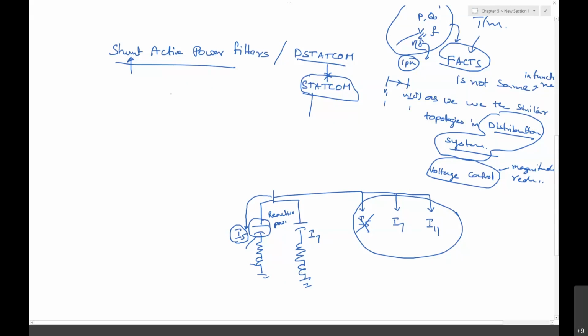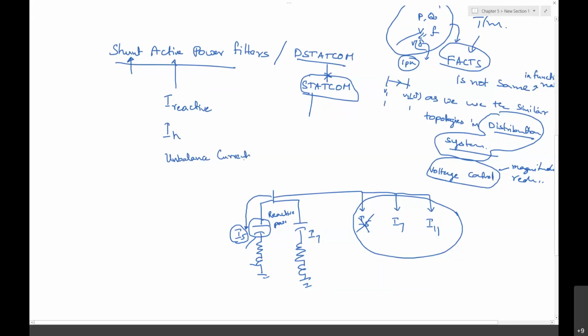In that case, the shunt active power filter, which can be called a D-STATCOM, can be used to supply the reactive power, as well as the harmonic current, IH, as well as the unbalanced components of the currents.